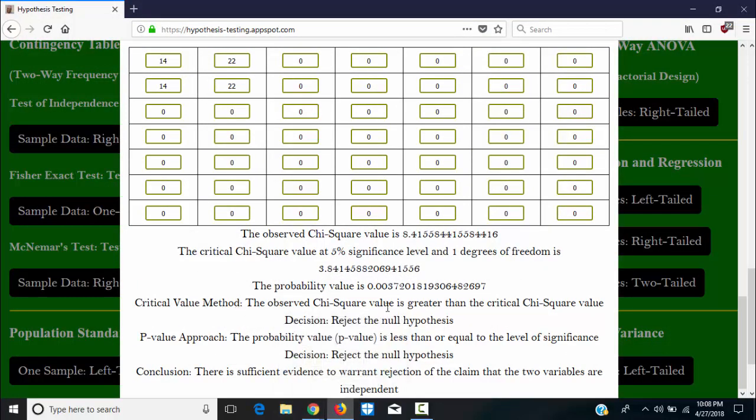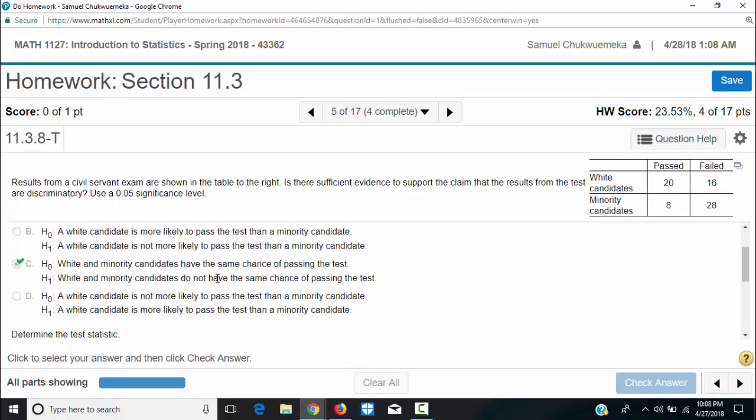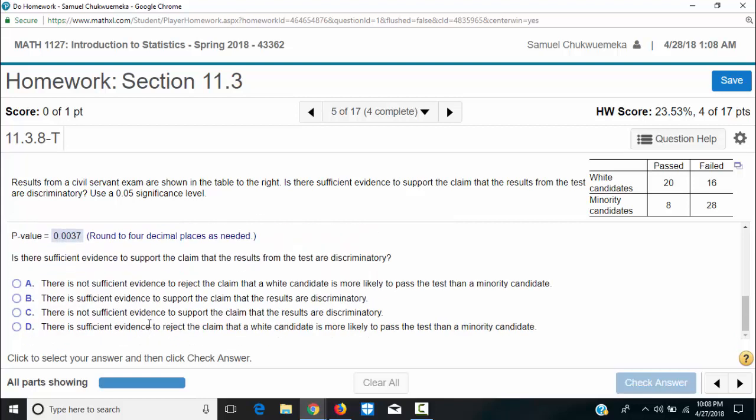When we reject the null hypothesis, which means that they have the same chance of passing the test, we have sufficient evidence to show that it is biased, that they do not have the same chance of passing the test. So there is sufficient evidence to support the claim that the results are discriminatory. That's actually what it means.